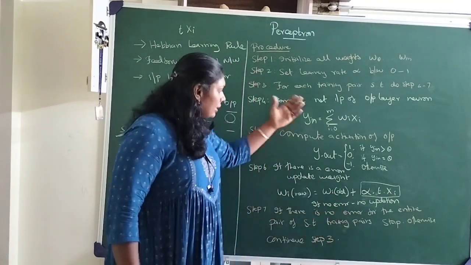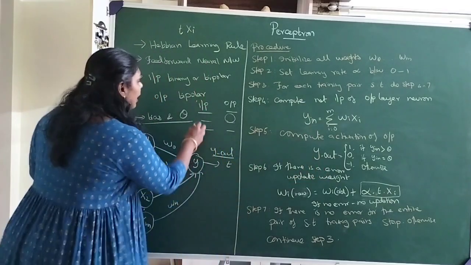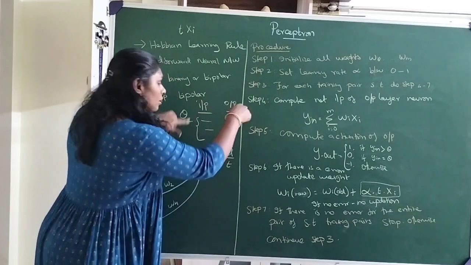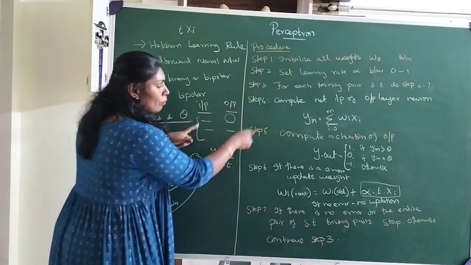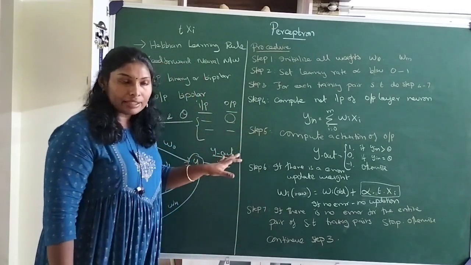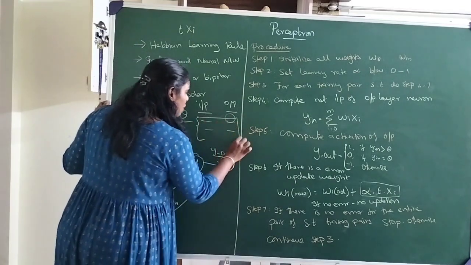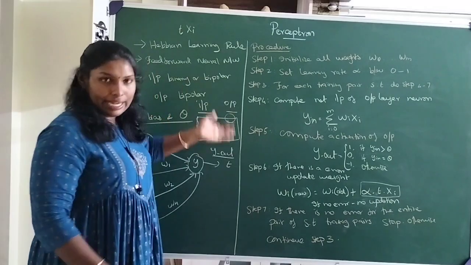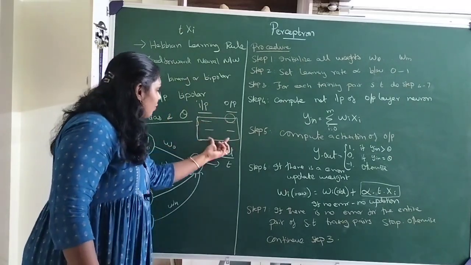This is iterated for all the input patterns. I take one pattern, do this procedure, take the next input pattern, do the procedure. And it is not going to stop only for this input pattern. This set of input patterns is iterated again.